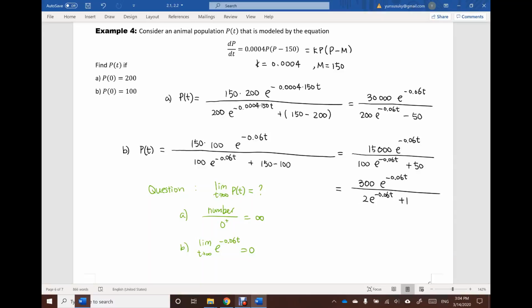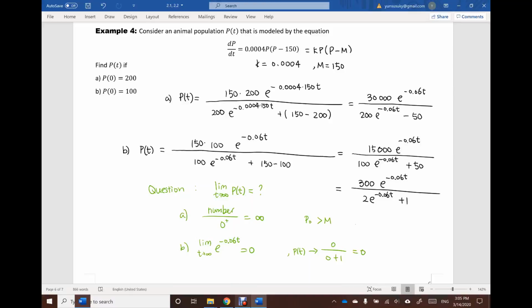That's why our P of t goes to 0 over 2 times 0 plus 1. So this is 0.